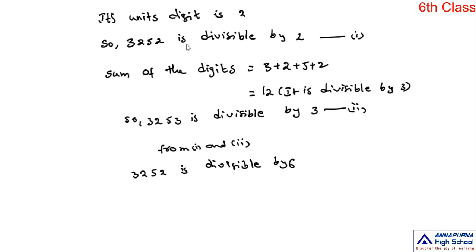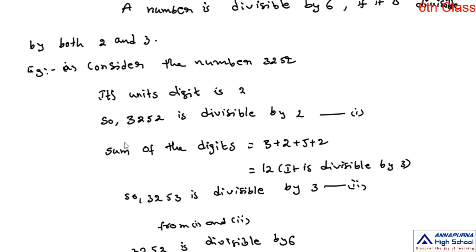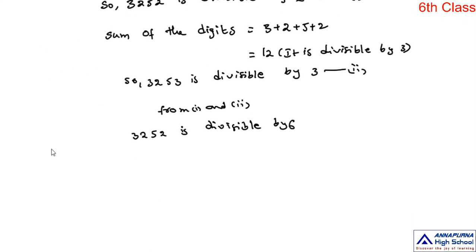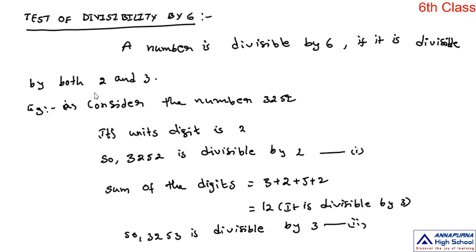If one rule fails, the given number is not divisible by 6. Okay, now this is the divisibility by 6.